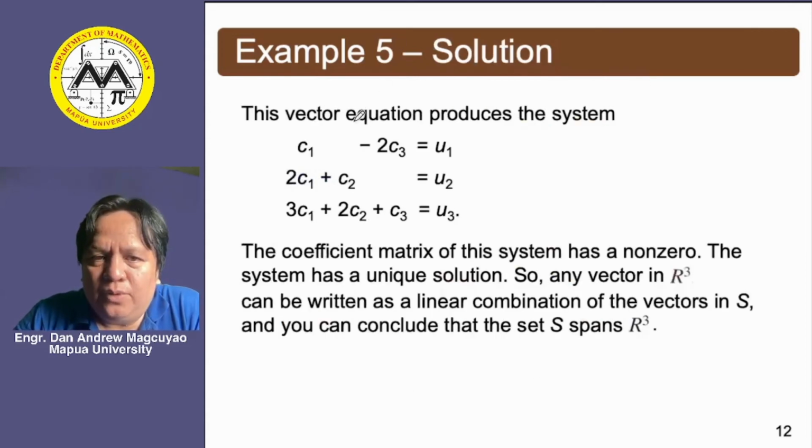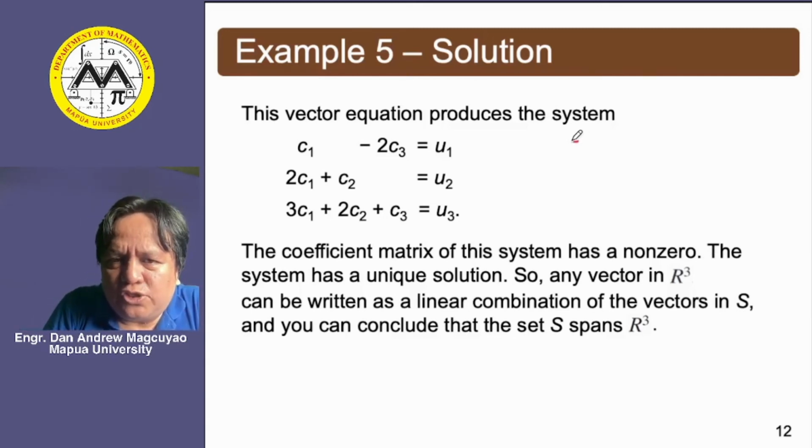So from this, we have c1 minus 2c3 is equal to u1, 2c1 plus c2 is equal to u2, and 3c1 plus 2c2 plus c3 is equal to u3. The coefficient matrix of this system has a non-zero determinant. The system has a unique solution. So any vector in R cube can be written as a linear combination of the vectors in S, and you can conclude that the set S spans R cube.